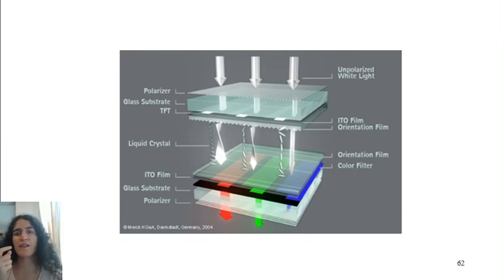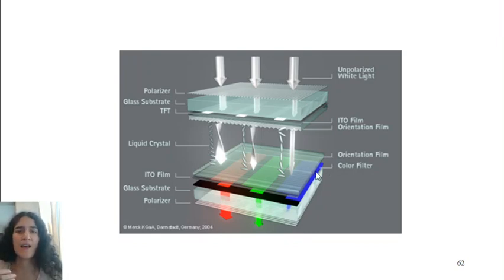And these cylinders can actually act as polarizers. Here we can have different signals for red, green, and blue in a display by changing the orientation of the liquid crystals in each channel.